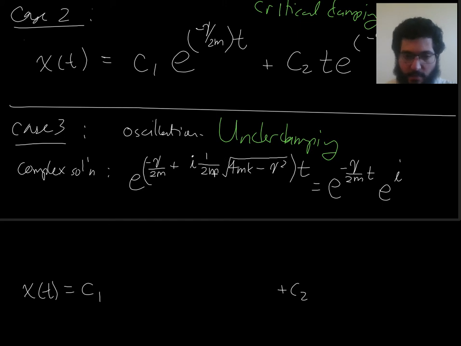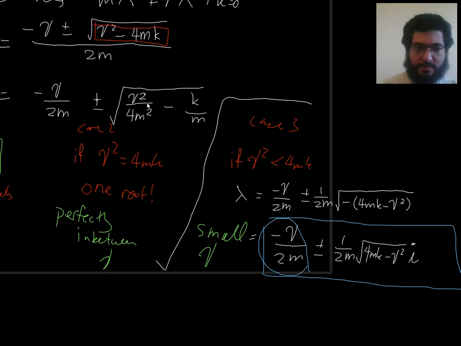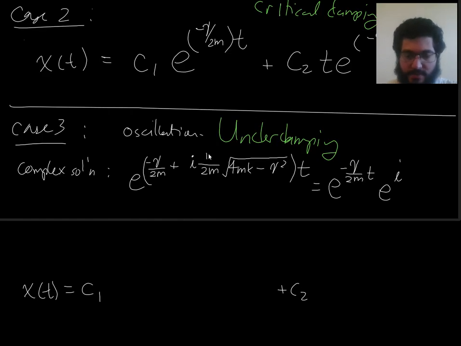How about I stick the 1 over 2m inside, kind of like I was doing way back in the first video. So that'll become 1 over 4m squared inside. So that's k over m minus gamma squared over 4m squared. Or how about I write it like this, gamma over 2m all squared. And then all times t.